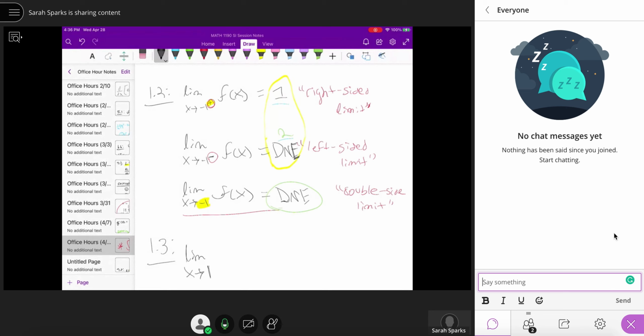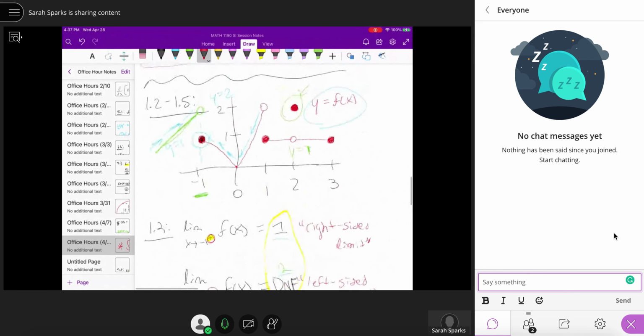So for 1.3, it's asking for the limit as x goes to positive 1 from the right side. So we know it's a right-sided limit. And we're looking at positive 1 this time. So we're only looking at the right side.